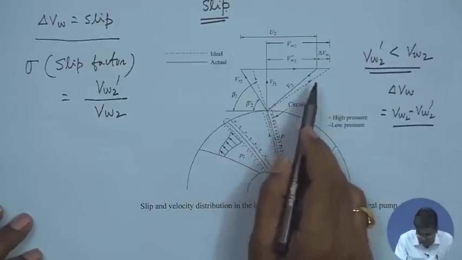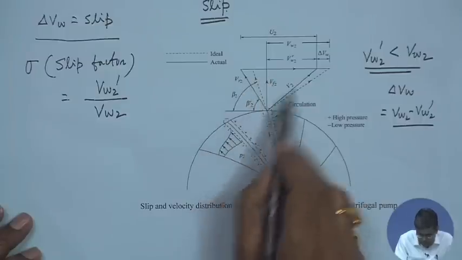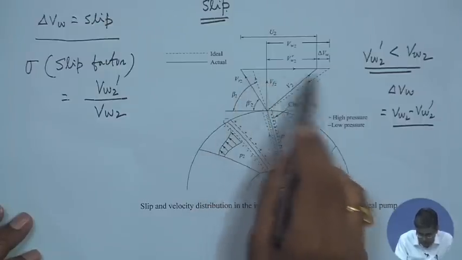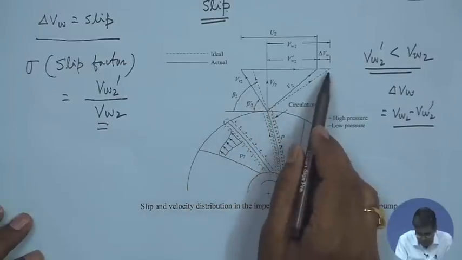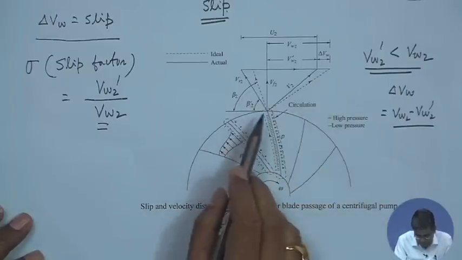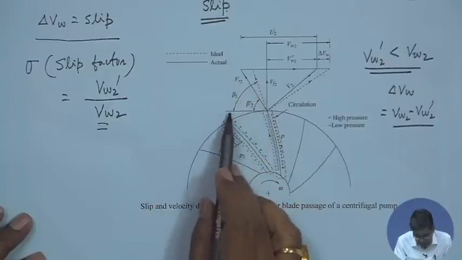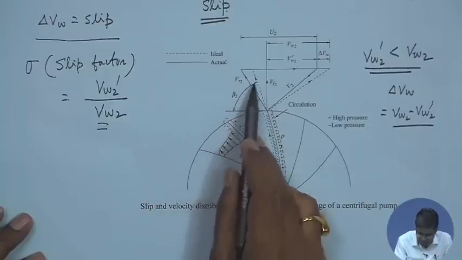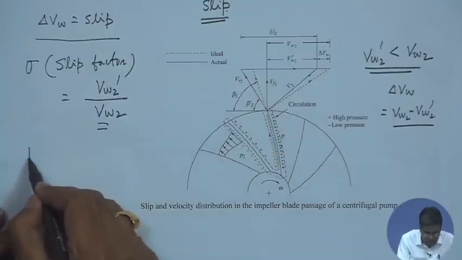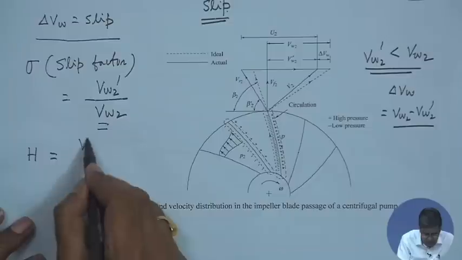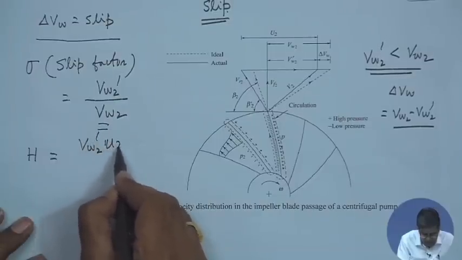This is the ratio of the tangential component of velocity actually obtained to the tangential component of velocity that could have been obtained ideally from an ideal velocity triangle with relative velocity making the same angle as that of the impeller blade at the outlet. So, therefore, one can write the head that is being imparted to the liquid is VW2 dash U2 by g.